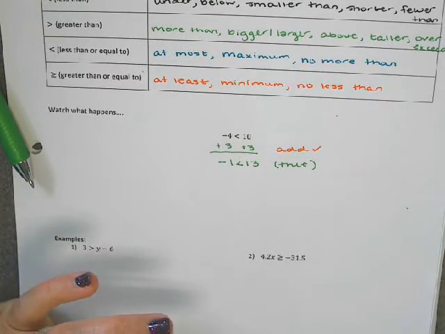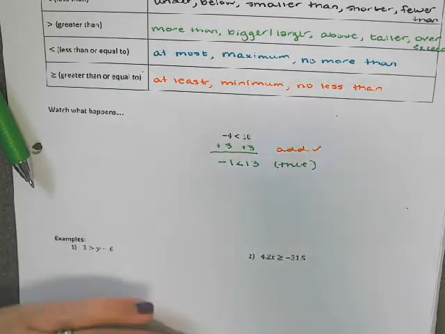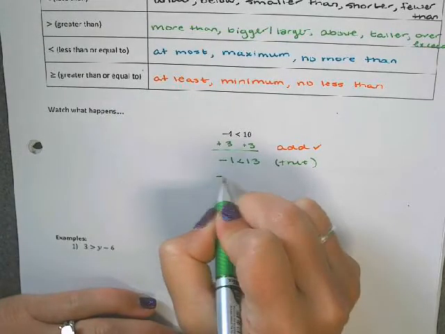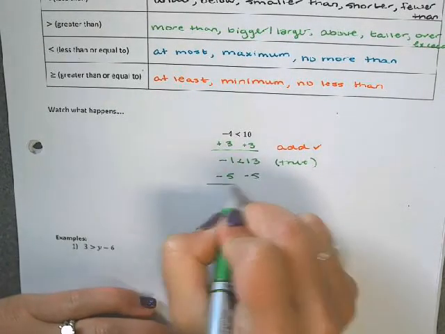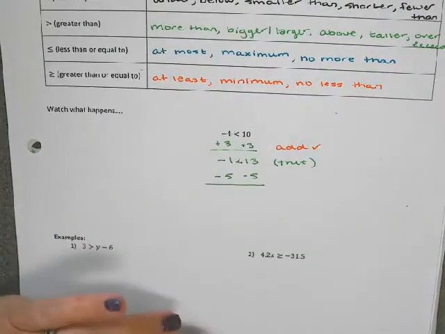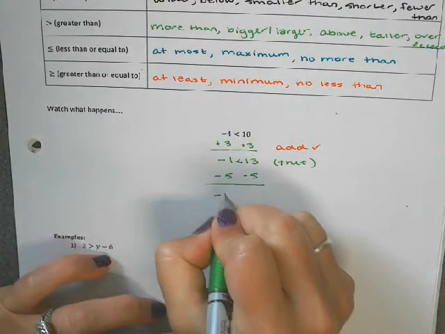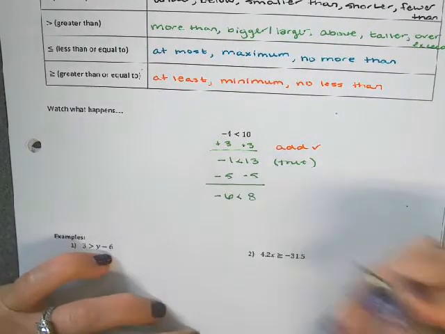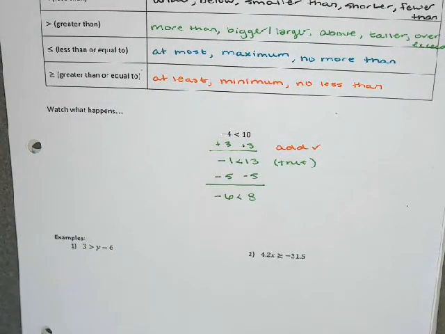All right. If we're subtracting a number from both sides, let's try that. It doesn't really matter what number we're subtracting. This is now going to be -6 is less than 8. And is that still true? Yep.